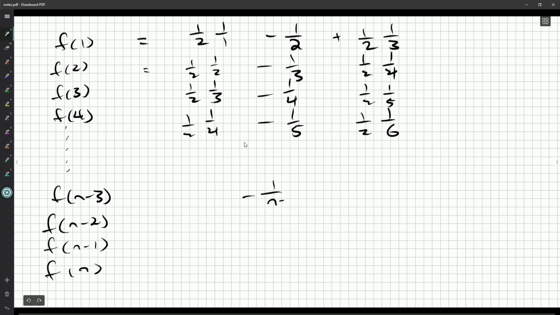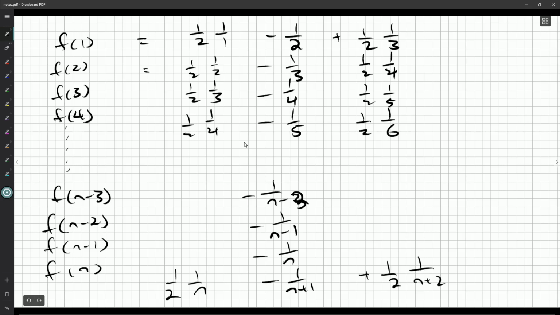Have minus a half of n minus 3, no, sorry, n minus 2, minus a half of n minus 1, minus a half of n, minus a half of n plus 1. Or not a half, minus just 1 over n plus 1. Plus 1 half 1 over n plus 2, 1 half 1 over n, 1 half 1 over n minus 1, 1 half 1 over n minus 2, 1 half 1 over n minus 3.